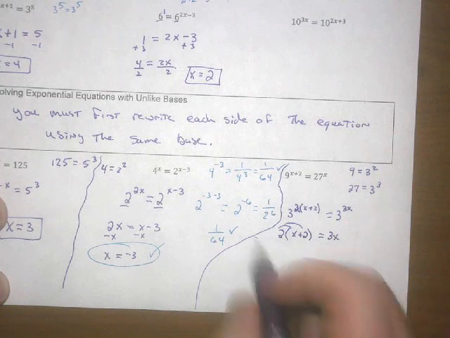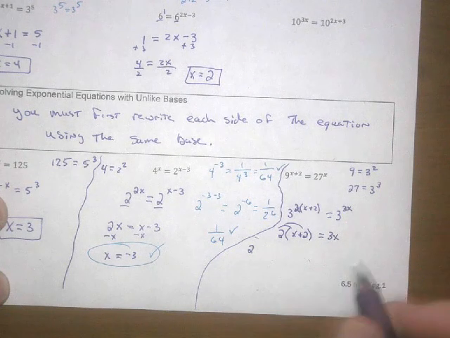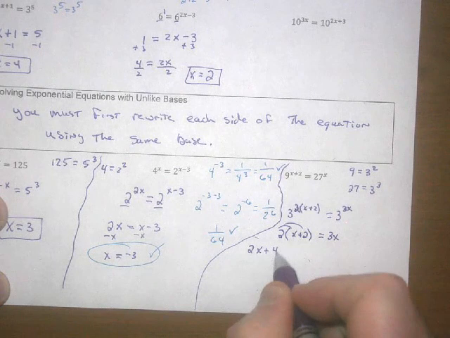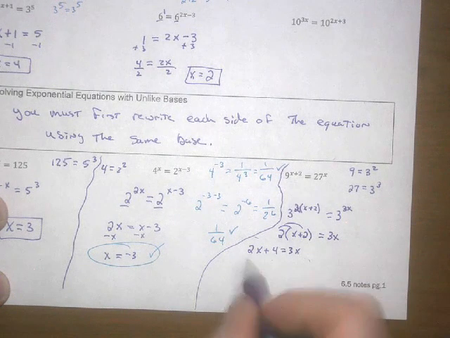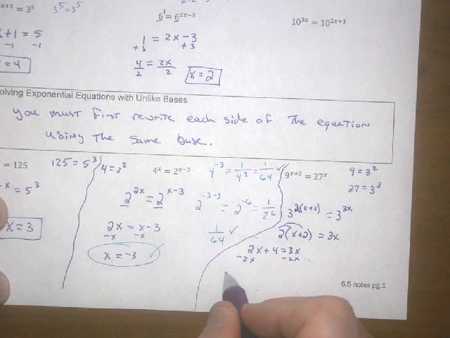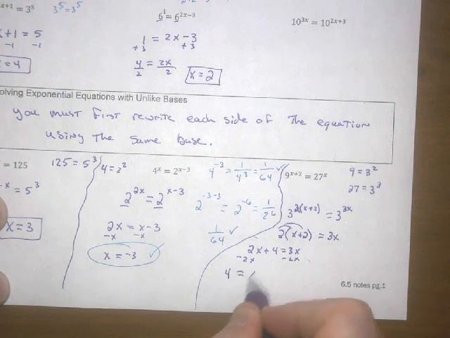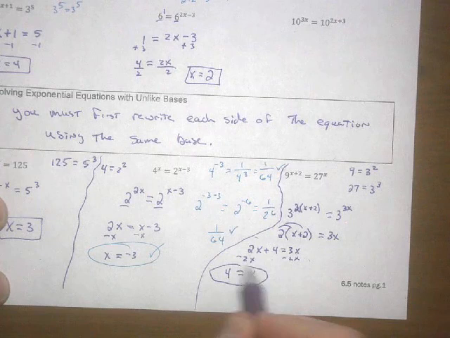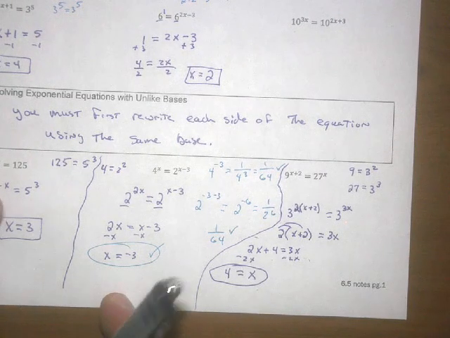All that equals 3x. We're going to go ahead and distribute. So just kind of working my way here so I have a little more room to check it. So we get 2x plus 4. All that equals 3x. Subtract 2x from both sides, and we get 4 equals x.